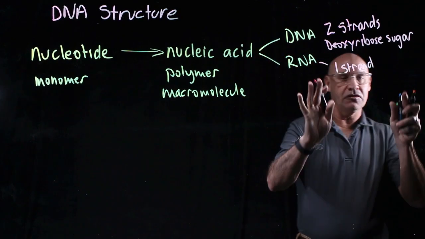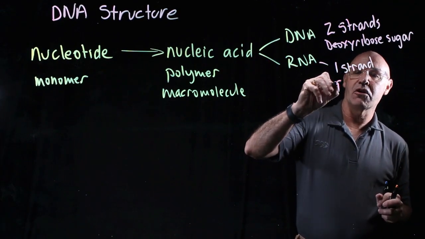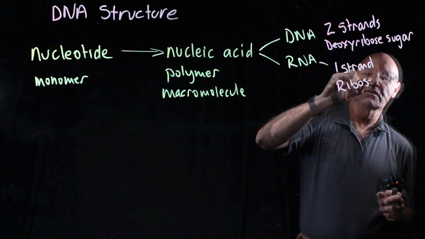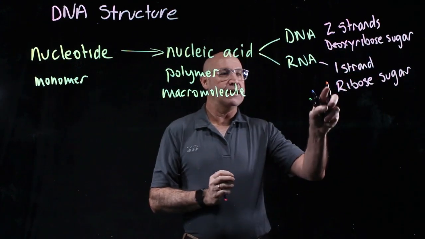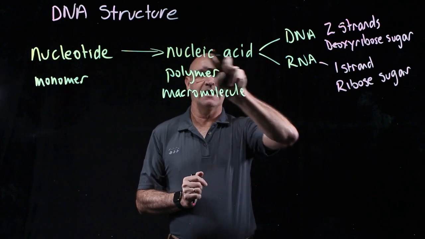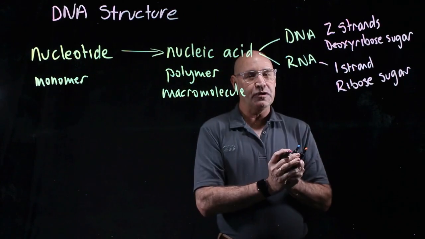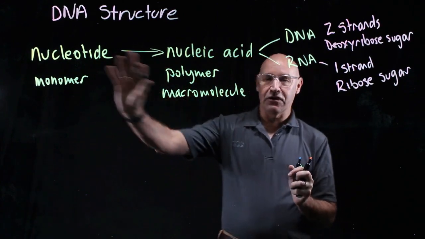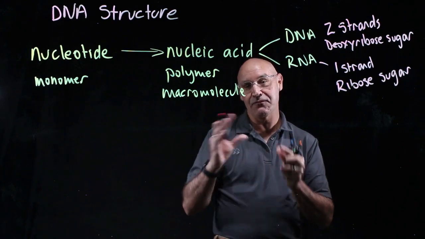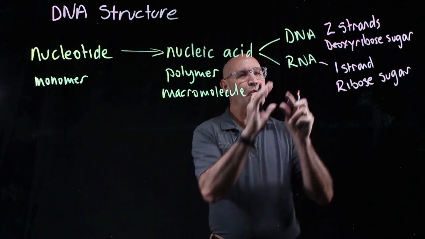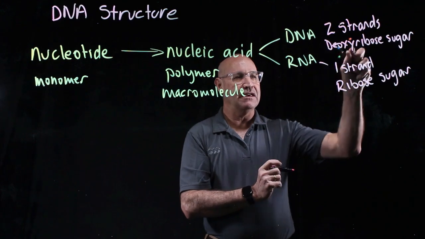RNA has a different type of sugar called ribose sugar, so RNA is ribonucleic acid. One more thing, another part of our nucleotide is called the base, and we have different types of bases. One of them is different in RNA and DNA.